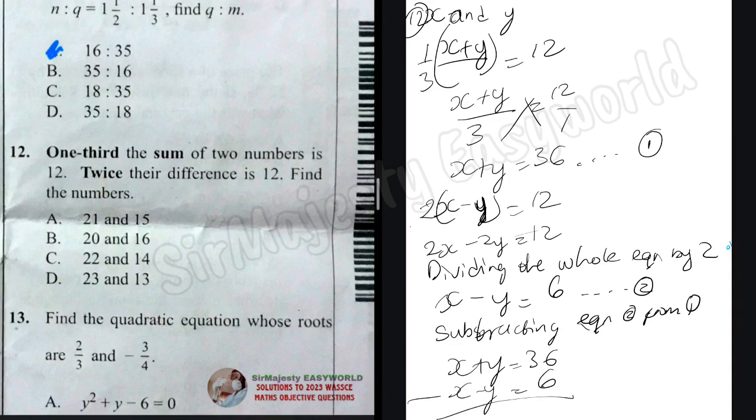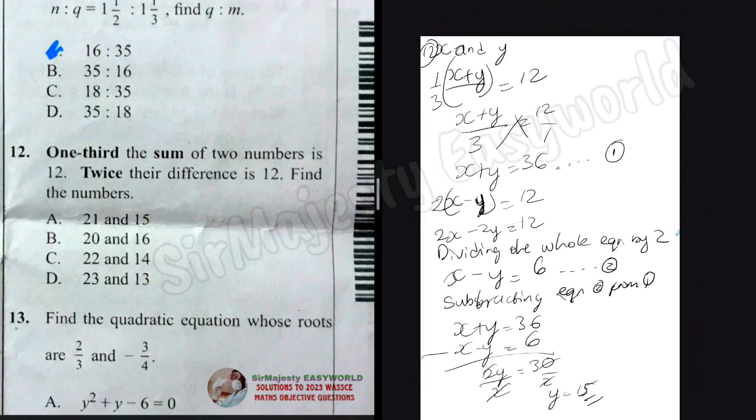So this will be 2y is equal to 30, divided by 2 on both sides. So our y is equal to 15. This is our final answer for y. So let's find our x.